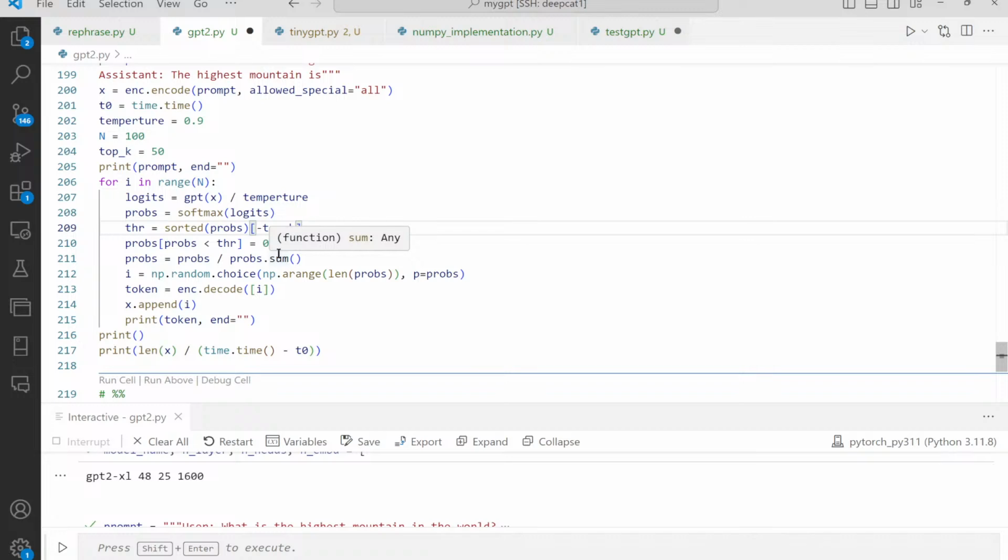Also, I'm using top K and the temperature to improve our inference quality. Then I simply use the softmax here because I'm already taking the exponential, and this one is essentially the softmax. I didn't use the softmax trick to improve the numerical stability.